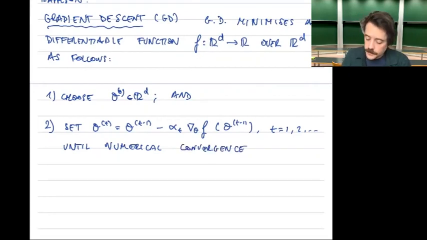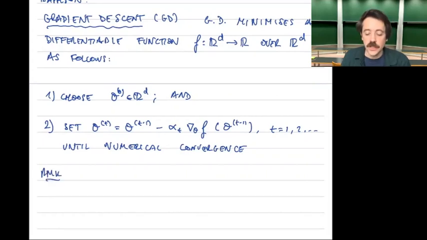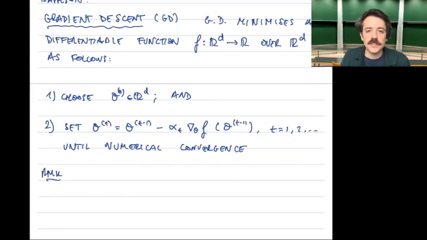Okay. So just a final remark about gradient descent is that what really matters here is choosing the step size. So that's actually critical. Remember, the gradient is the direction of maximum increase.